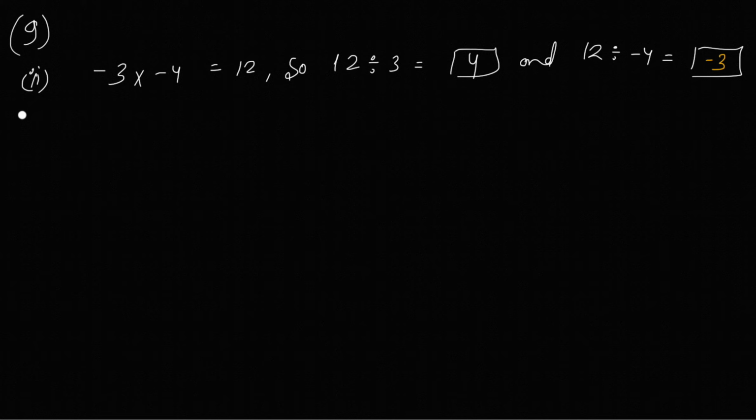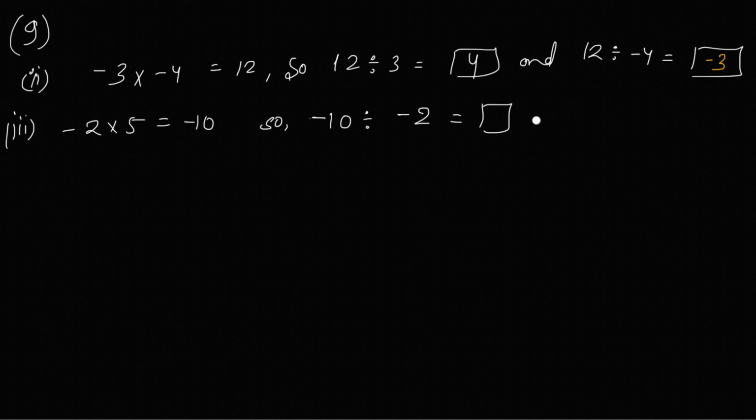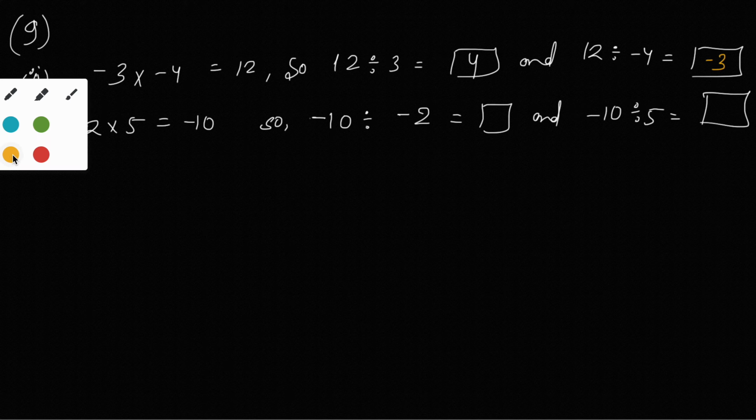Now let's do the next question, third. Minus 2 times 5 equals minus 10. So minus 10 divided by minus 2 equals how much? And minus 10 divided by 5 equals how much? We have to fill this in.